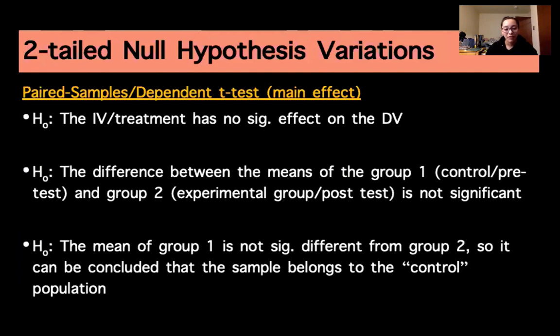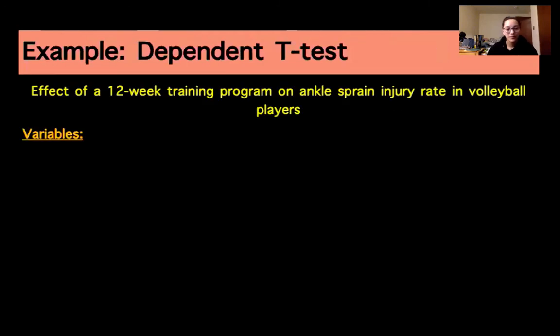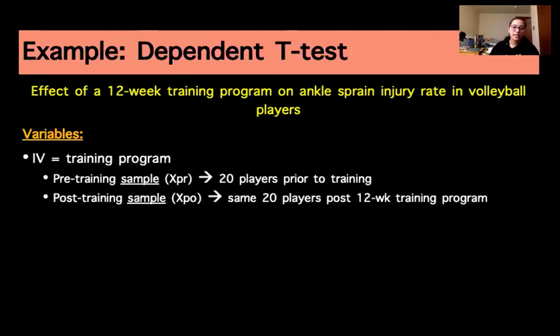If we put this onto our 12-week training program and injury rate for ankle sprains, if we were doing a dependent t-test, that means we'd likely have a pre and post measurement.